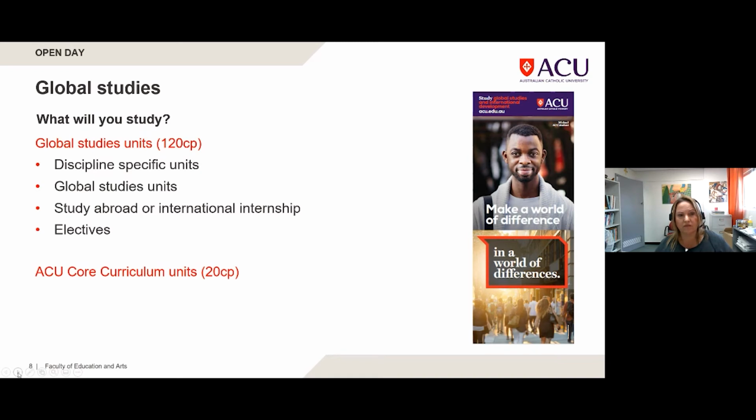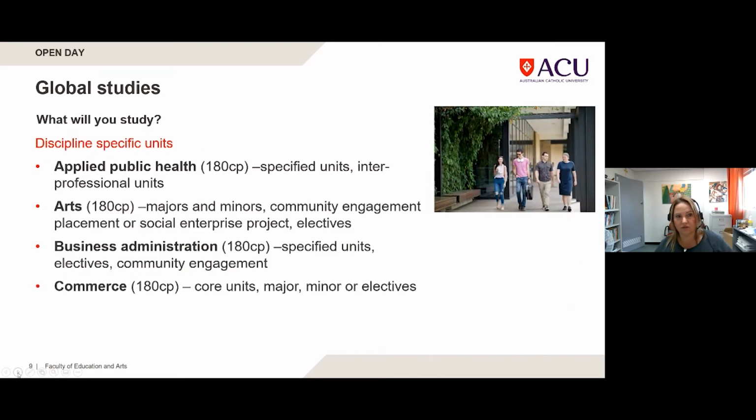And an important part of the Global Studies degree, and I think the real cornerstone of the Global Studies area, is the study abroad or the international internship. In other words, we have an overseas experience which you will spend a whole semester engaged in, and that's in year 3 of your degree.